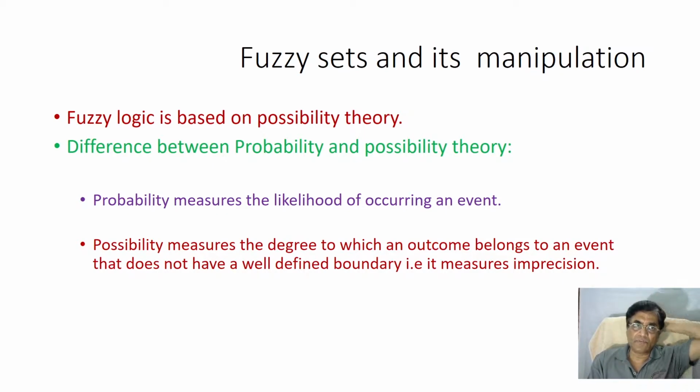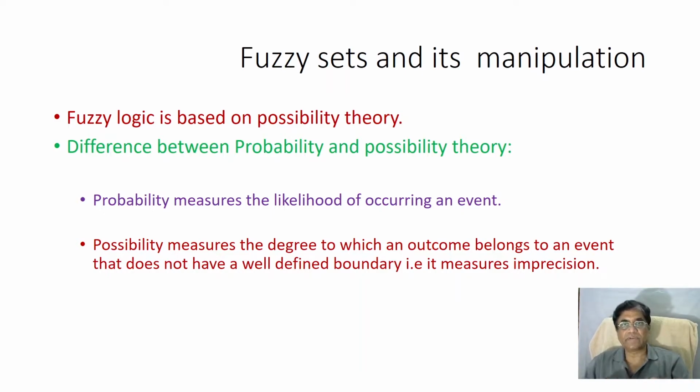Before doing that, I would like to tell you that fuzzy logic is actually based on possibility theory. Now, there is a little difference between probability and possibility theory. In probability theory, which you have seen in statistical machine learning, our outcome is not known, and we have past history, past data.